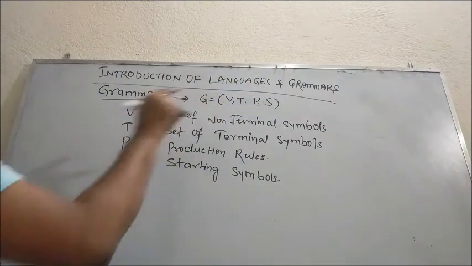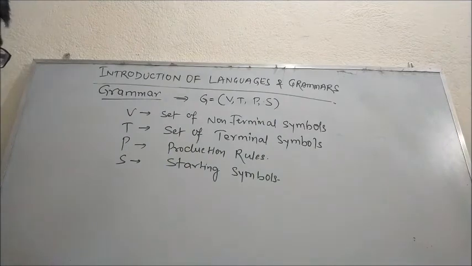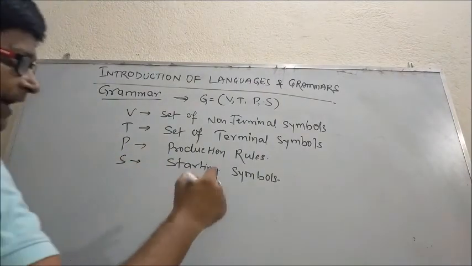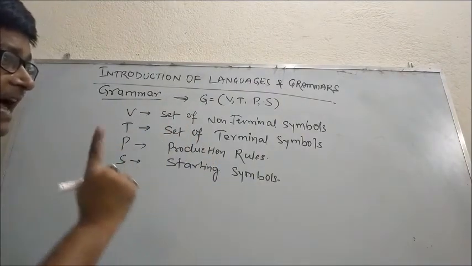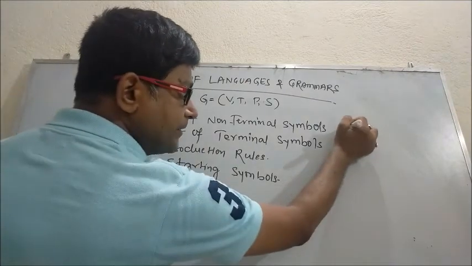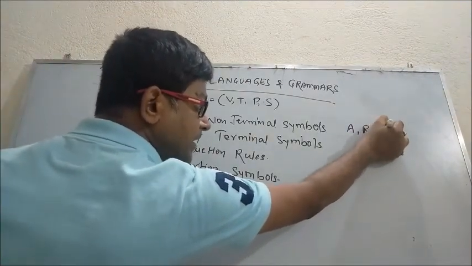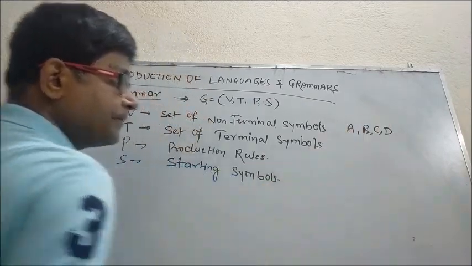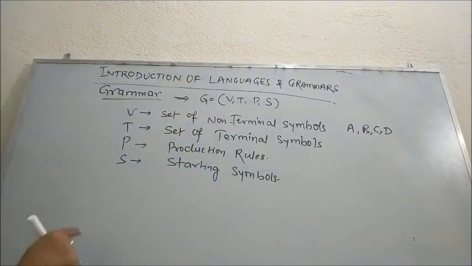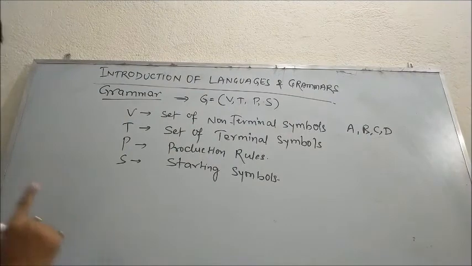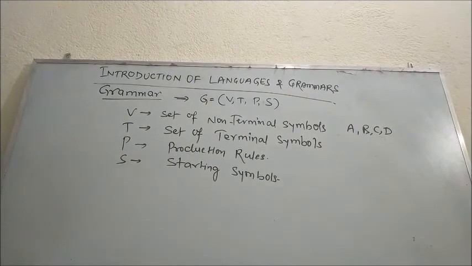V is the set of non-terminal symbols. Non-terminal symbols are generally represented by capital letters such as capital A, capital B, capital C or capital D, like this, right? Next one is T. T is a set of terminal symbols.